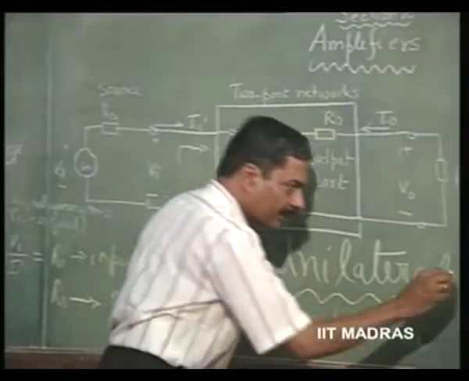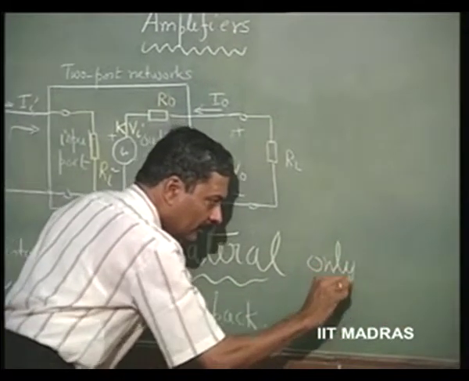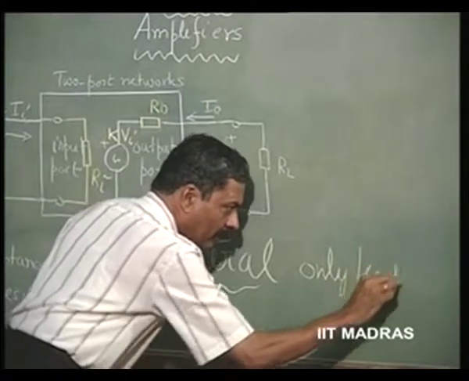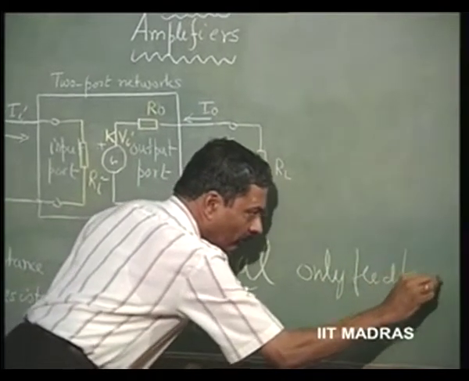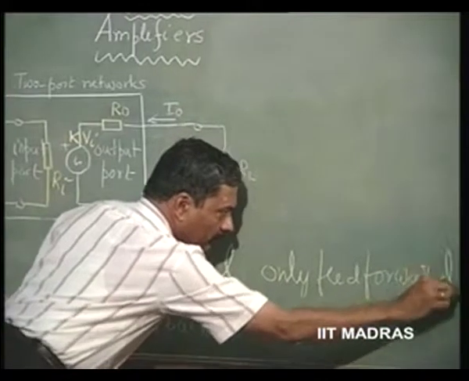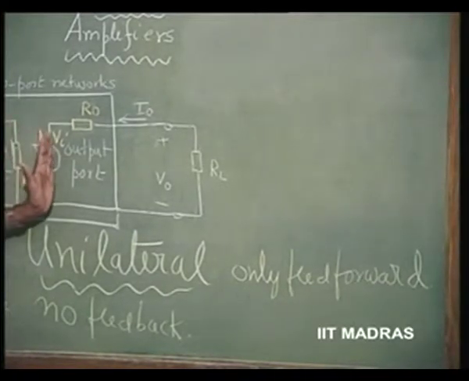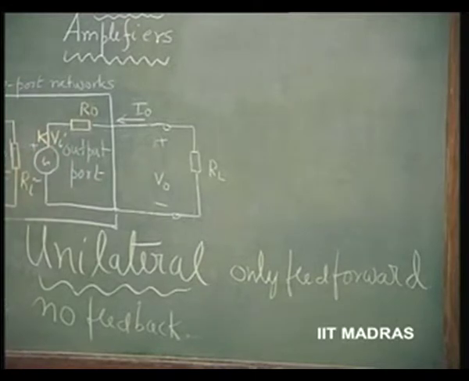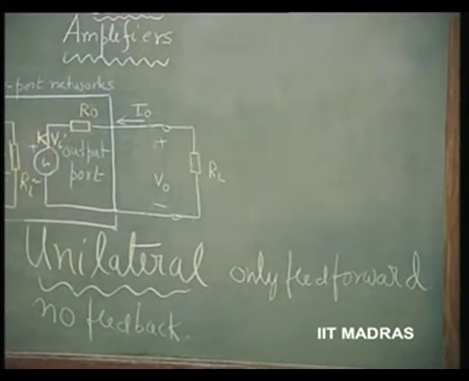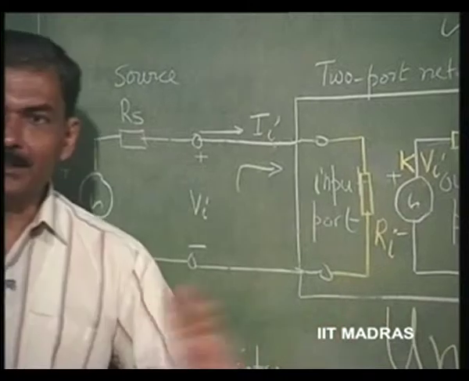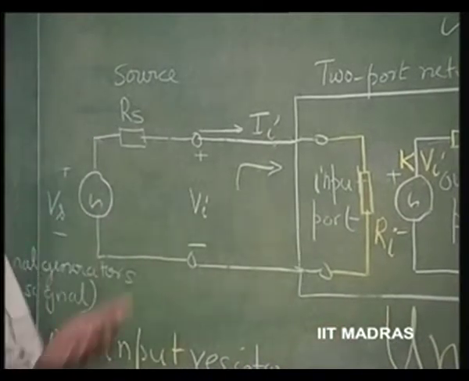In a unilateral circuit, there is only feedforward. The signal flows only in the forward direction. There is no feedback, or the feedback factor is 0.